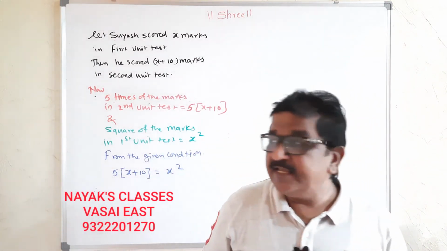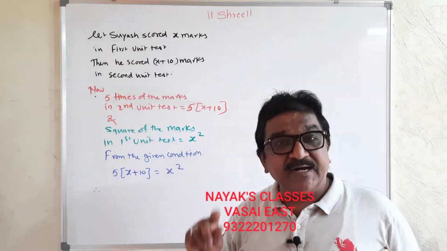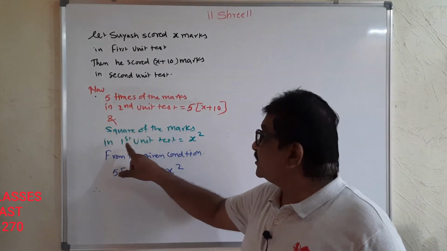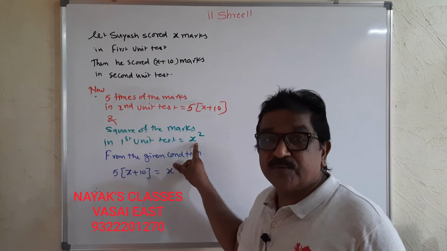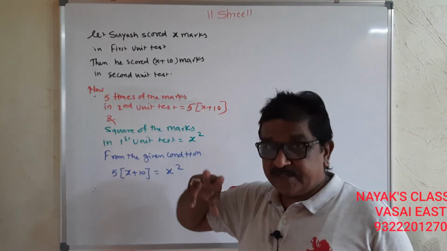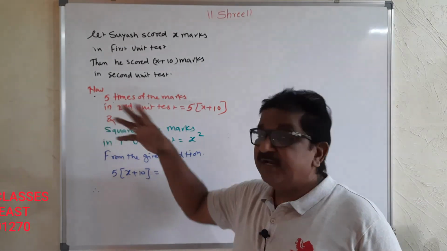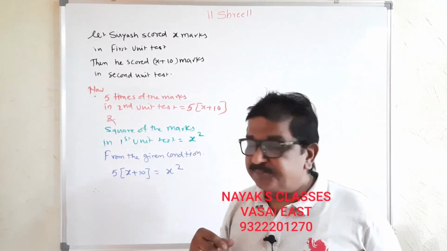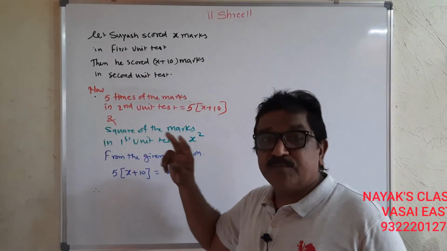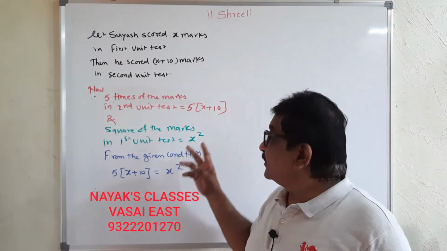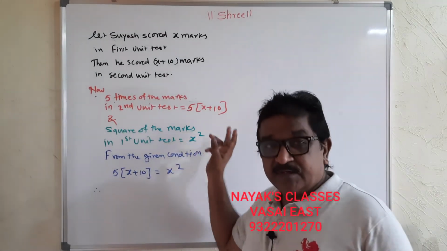Then they say square the marks in the first unit test. So the square of the marks in the first unit test is x square. So again I am reading, make 5 times of the marks scored in second unit test and the square of the marks scored in first unit test, they say they are equal.